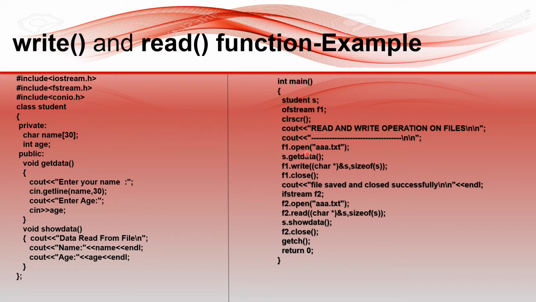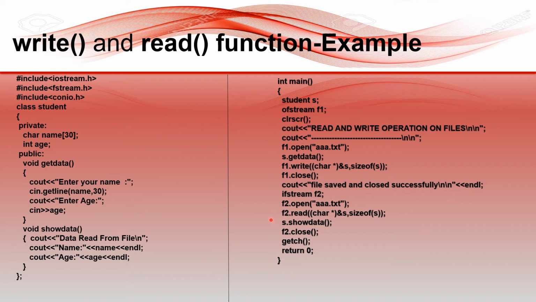So I'm opening a text file named AAA. Then I'm calling the getData method using my object S. We know that getData requests for the input, and on receiving the input, we are going to write that data to the file using the write function. Then we are closing the file. Now we are giving a message that the file has been saved and closed successfully.